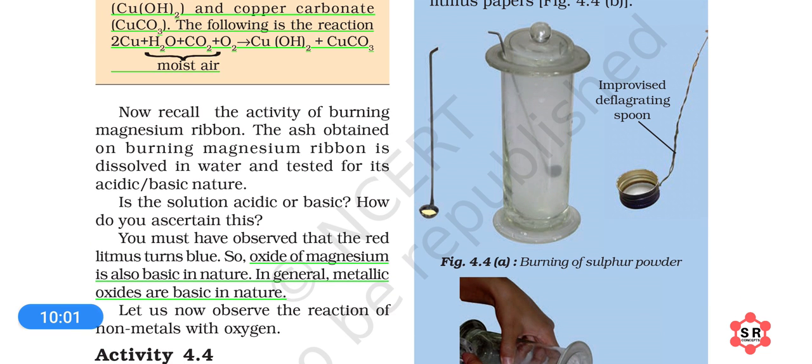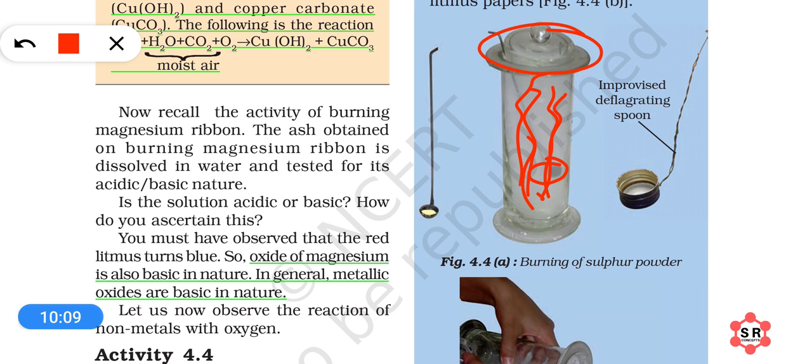After all the sulfur has burnt and all the fumes have been collected in this box, when the sulfur stops burning, we will slightly open this cap and add a little water into it.